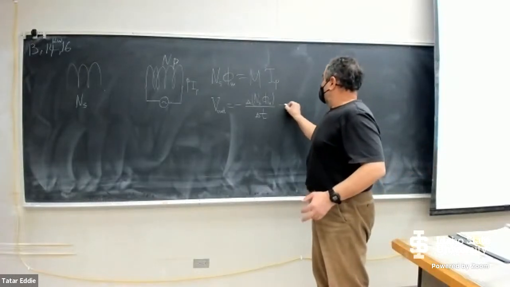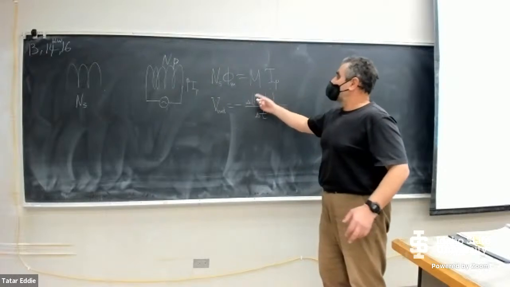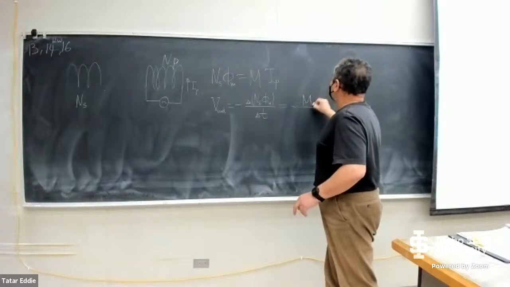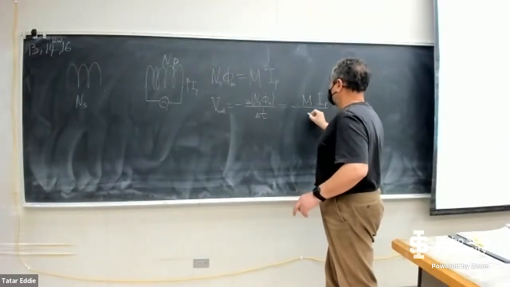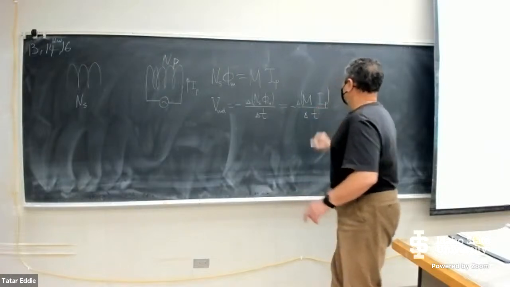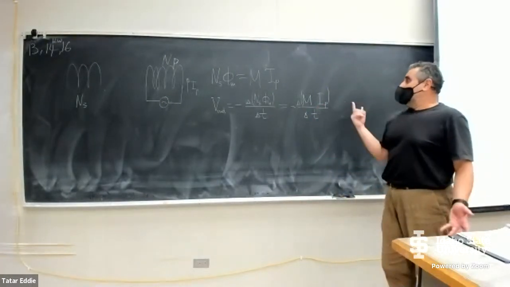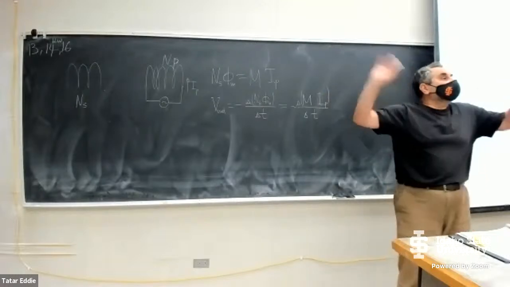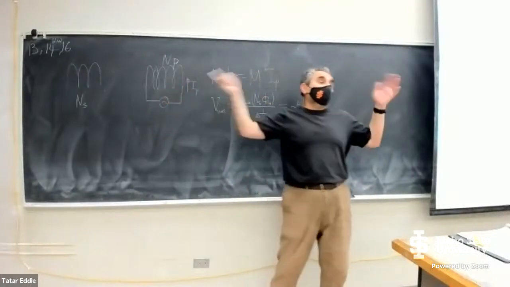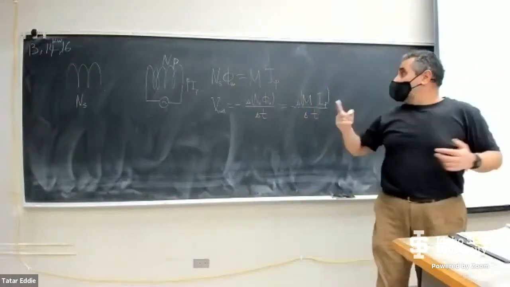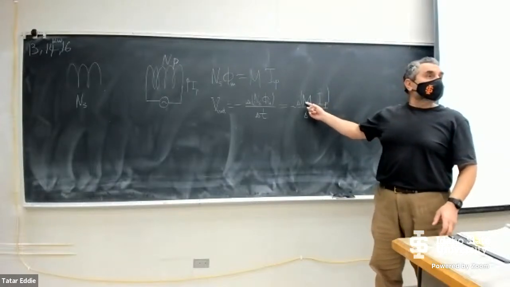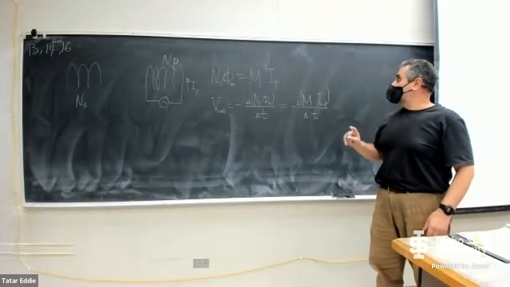In other words, since the expression in the brackets is exactly mutual inductance times current in the primary, well, the current in the primary doesn't change because it is the current generated by some generator from the grid. So this doesn't change. The only change is the coefficient of mutual inductance.